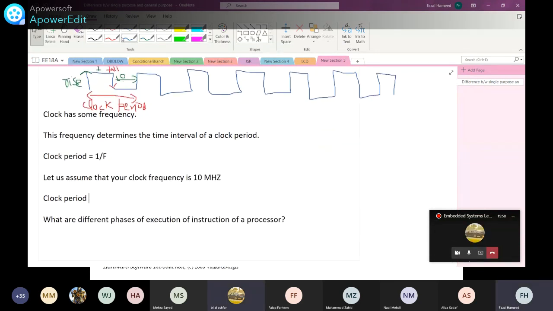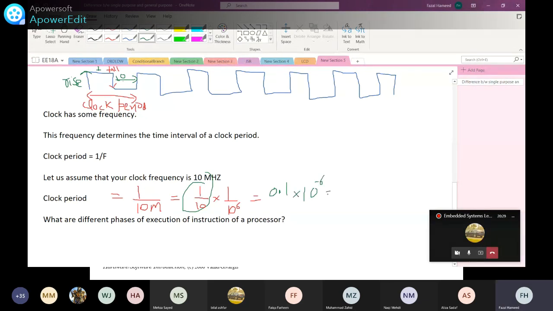So clock period is 1 over 10 megahertz. So actually we can write this as 1 divided by 10 multiplied by 1 divided by 10 to the power 6, 10 to the power 6 for mega. 1 divided by 10 is equal to 0.1. So 0.1 micro, and 10 to the power minus 6.